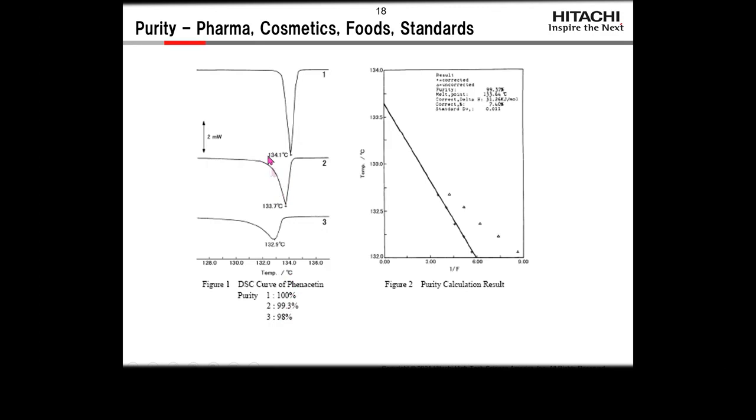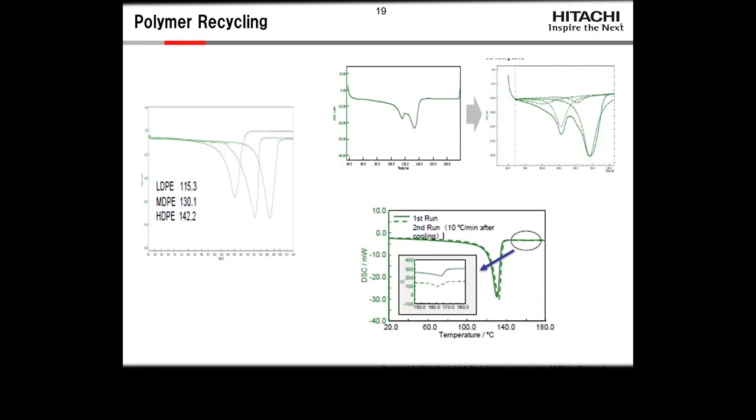The peak and the slope of this line are changing, and then we have one at 98. So by looking at the change of the slope of this line, we can estimate the purity if we know the molecular weight. Now, there are a few limitations, so it's a little bit more complicated than this, but for materials where it works, a 20-minute run will give us a purity to two decimal places. So it's a very, very quick way to measure the purity of APIs.